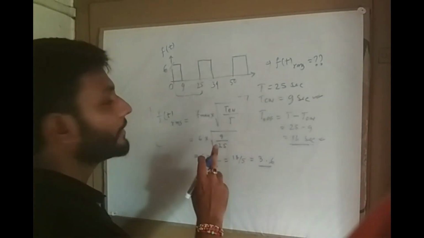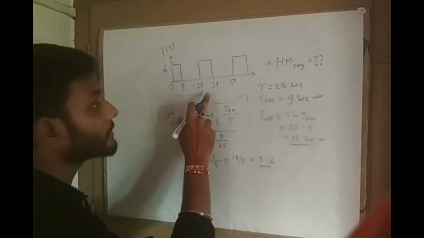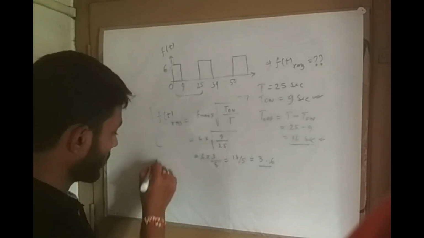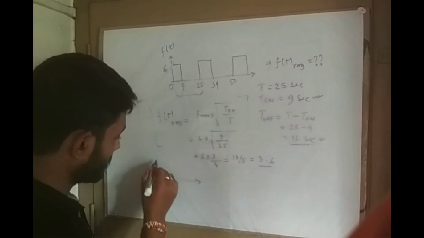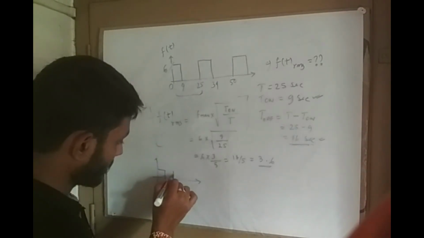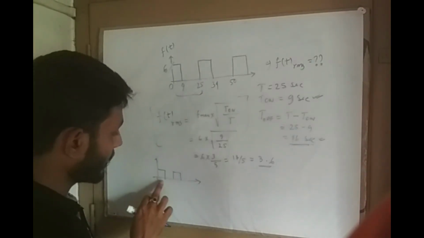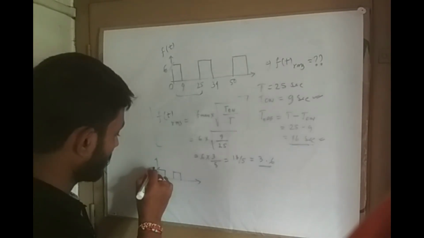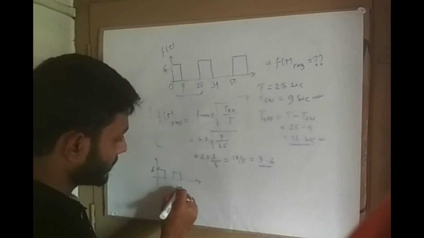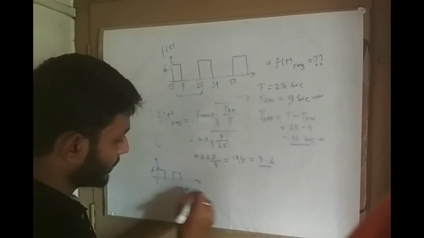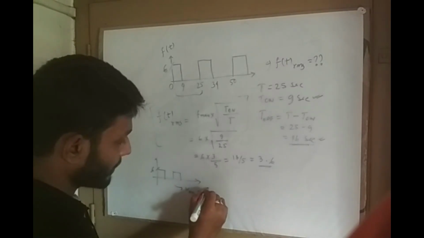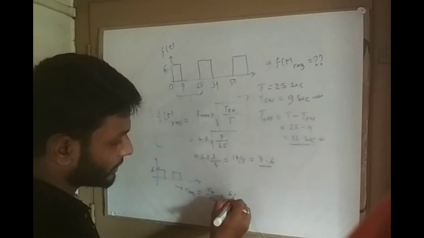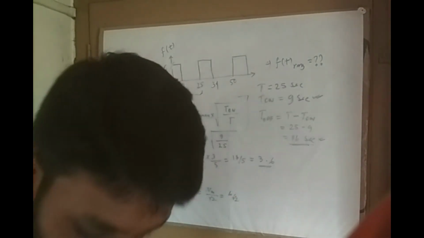And for the previous signal, where the on time and off time are both equal, the Vrms would be maximum Vm divided by root 2, that would be 6 divided by root 2.